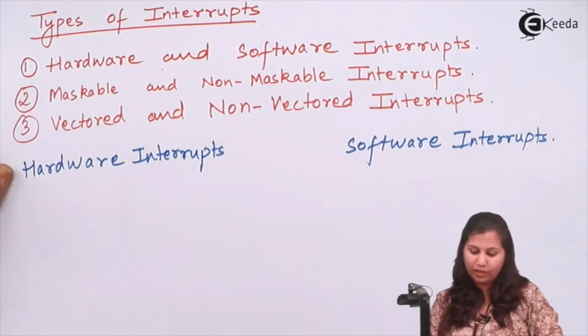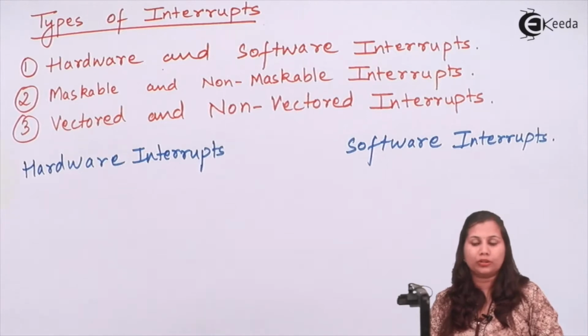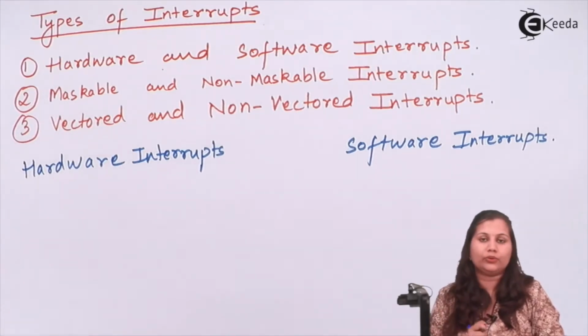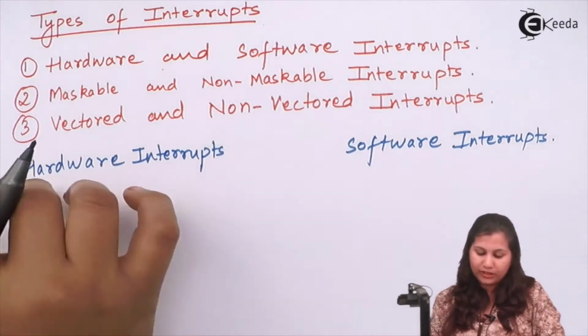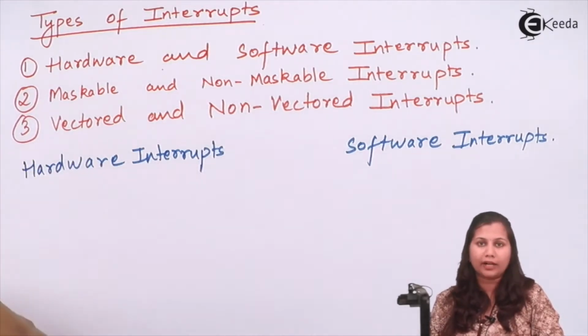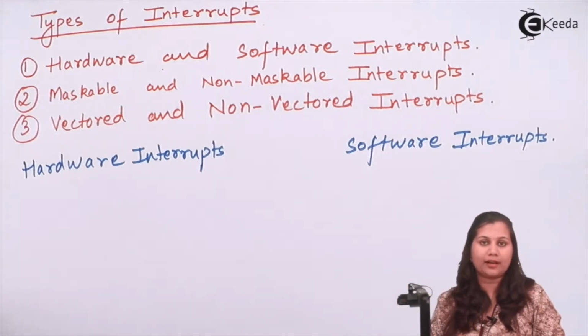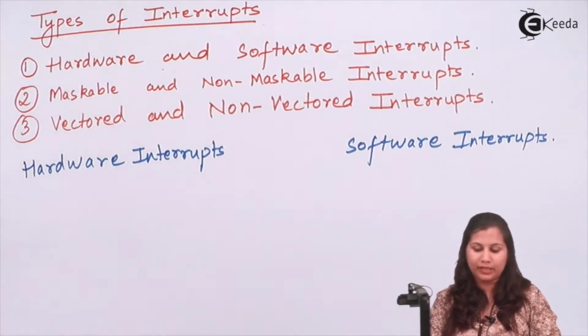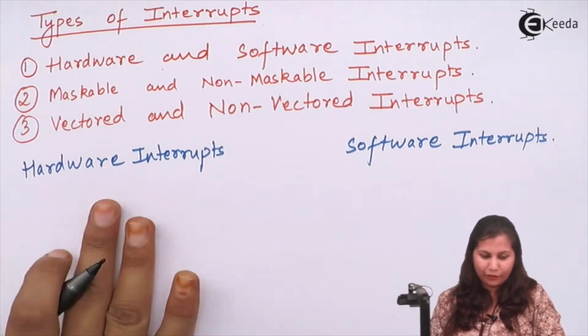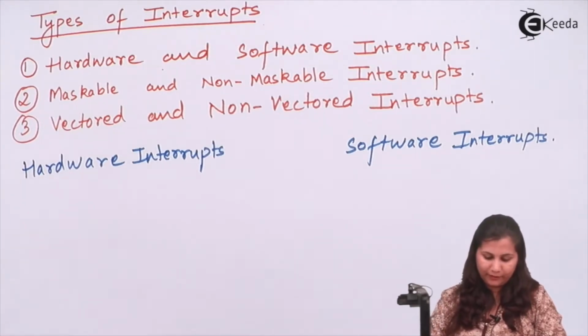So through any signal or through any external circuit we are interrupting the processor. Those interrupts come under the category of hardware interrupts. Software interrupts are like instructions written in the main program, and that instruction is providing the interrupt to the processor.